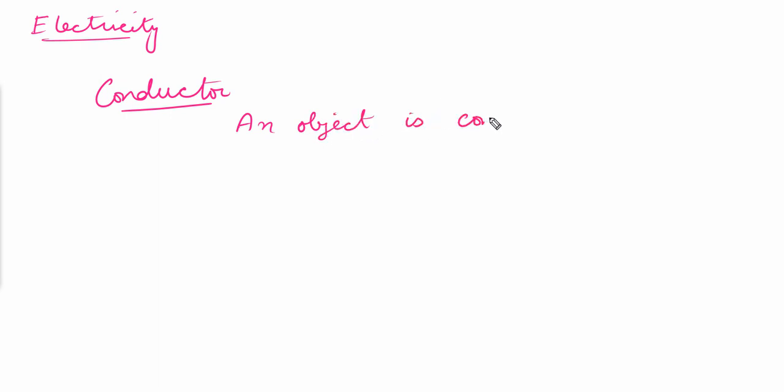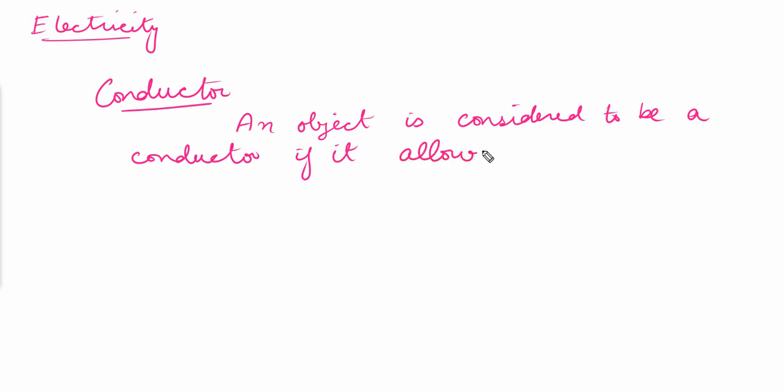We can consider an object to be a conductor if it allows the charge to flow through it.